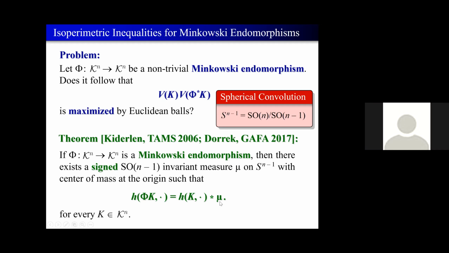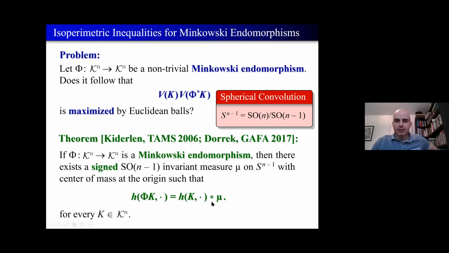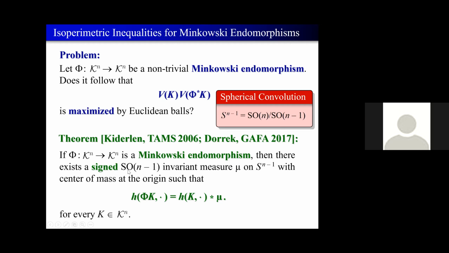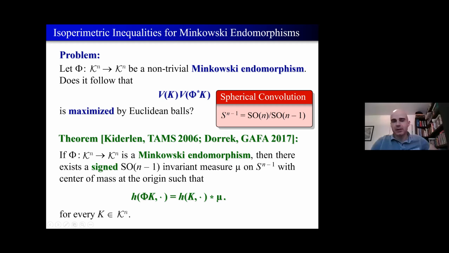And what happens if you consider mu on k-dimensional equators? That would be everything in between. This you can't do because you need SO(n-1) invariance, so this must be an SO(n-1) invariant measure here.